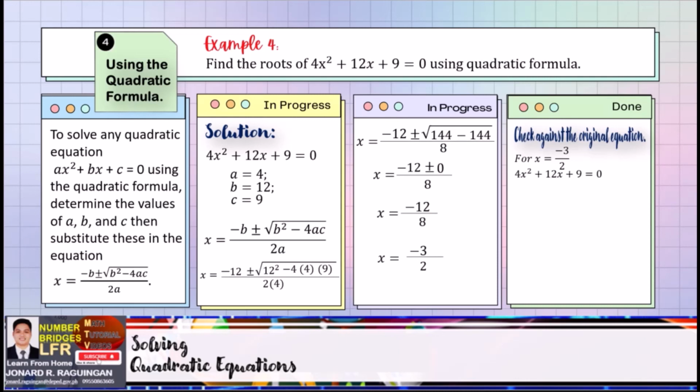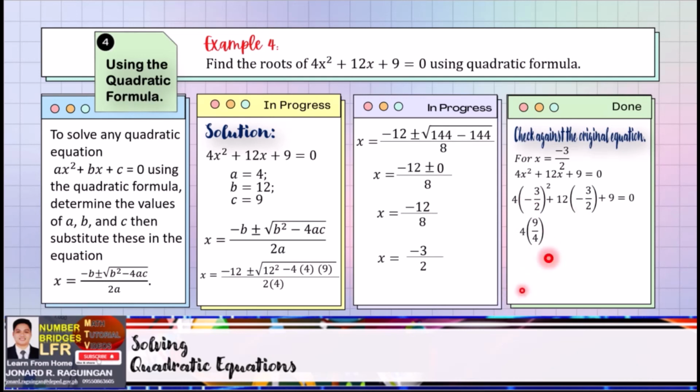Substitute the computed value of x, that is 4 times the value of x, which is negative 3 halves squared, plus 12 times the value of x, which is negative 3 halves, plus 9 is equal to 0. Then simplify, copy 4, square negative 3 halves is equal to 9 all over 4. Square of 3 is 9, square of 2 is 4, square of negative is positive.